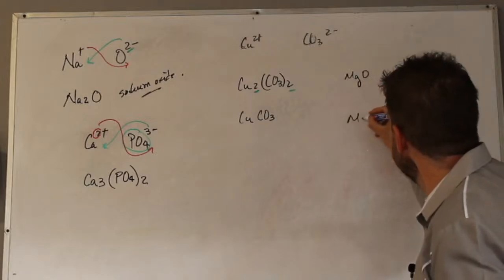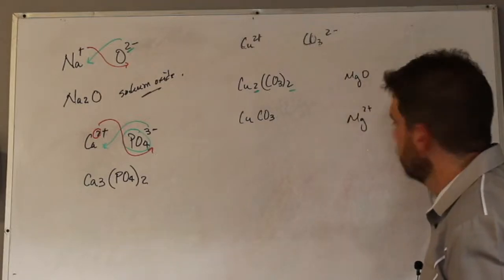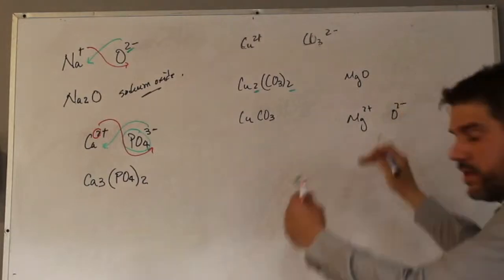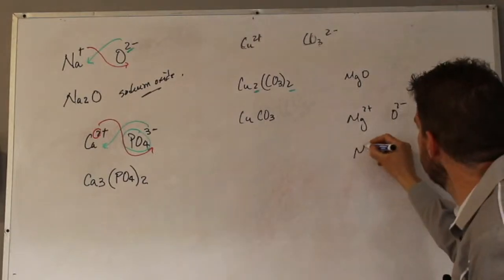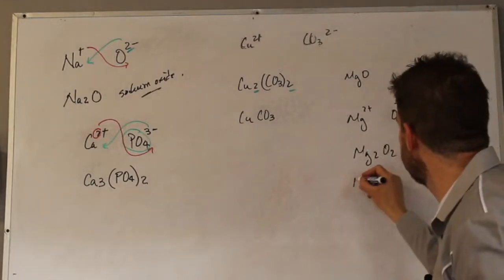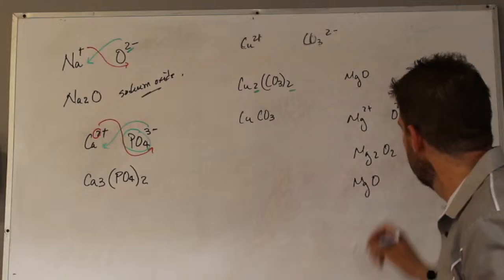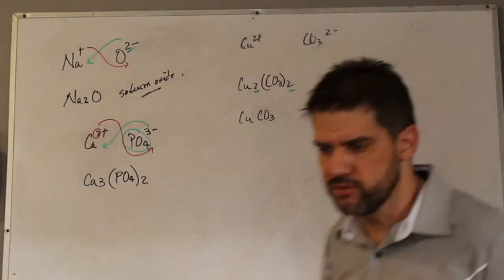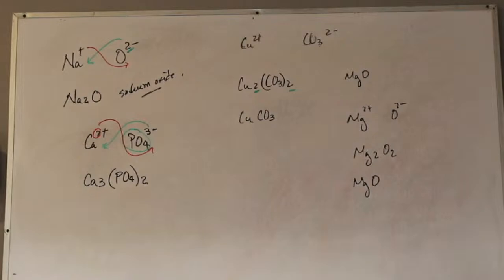Remember, Mg is 2+, O is 2-. When those numbers swap, you will get Mg2O2. Those two fall apart and you will get MgO. So if the numbers are the same, you take them away. So I'm just waiting for a question so we can finish.